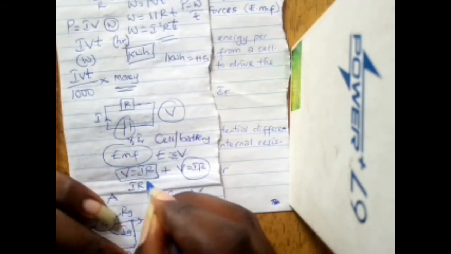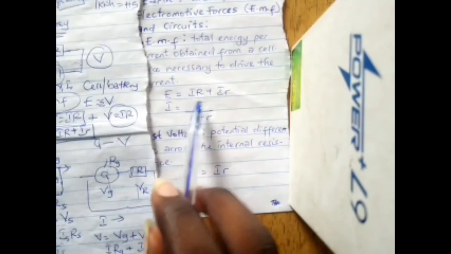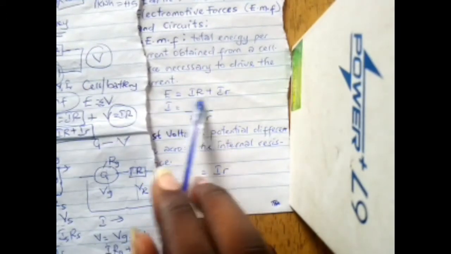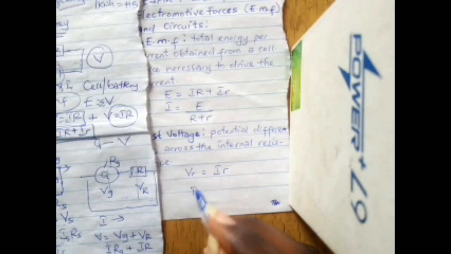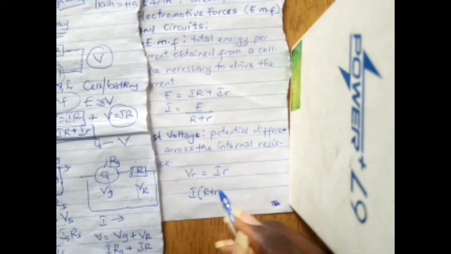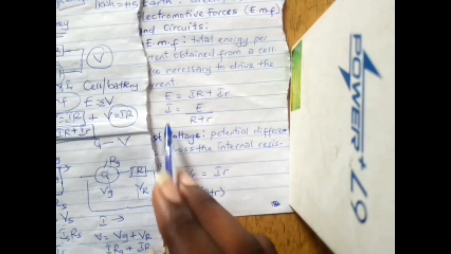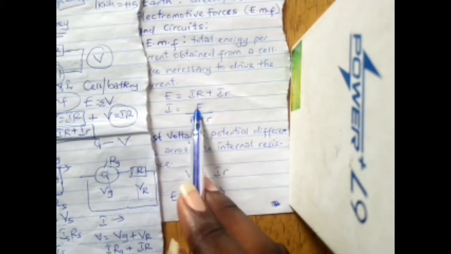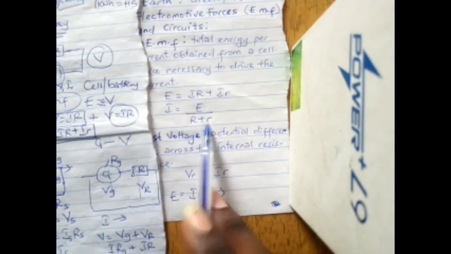So I have IR plus Ir, and because it's the same current that is flowing throughout the circuit, by factorizing out I, you can have I times R plus small r equals E. So we can find our current from E, which is the electromotive force, over the resistance plus the internal resistance.